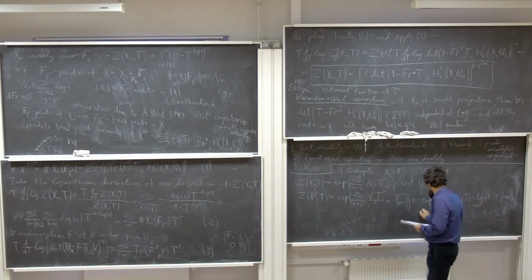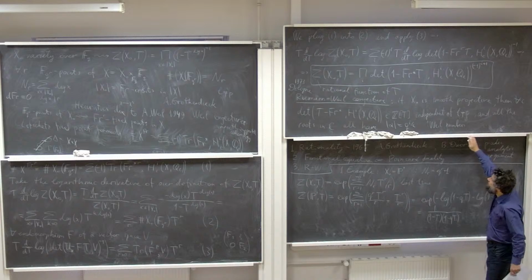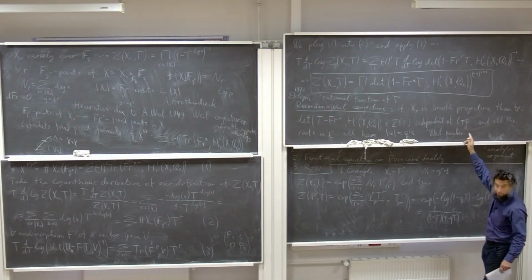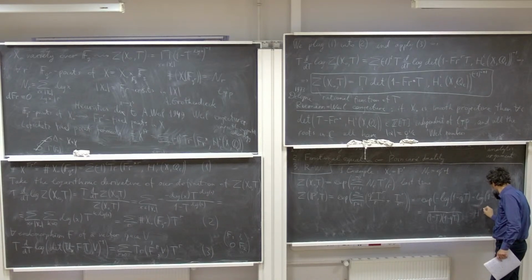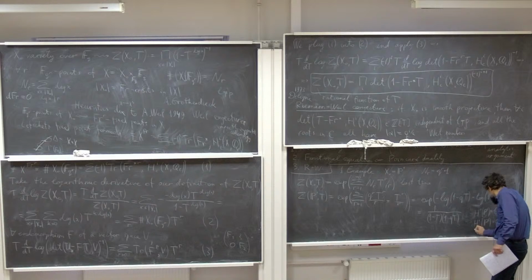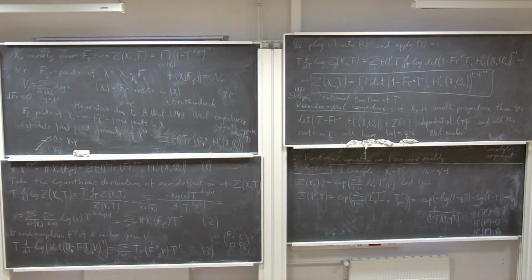And so this will be 1 over (1 minus t)(1 minus qt). So it's just what I said before, right? Because for P1, the zeroth cohomology of P1 is one-dimensional. There is no first cohomology in numerator, and the second cohomology is also one-dimensional.